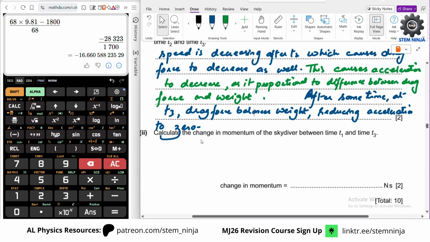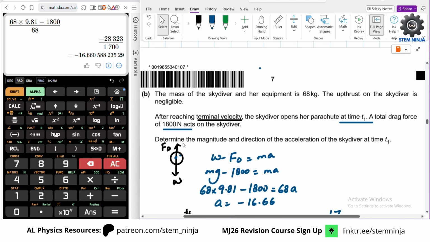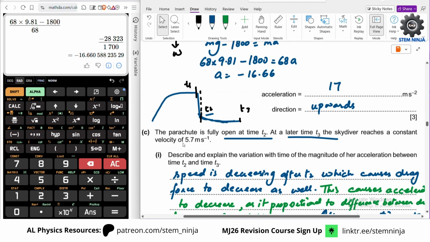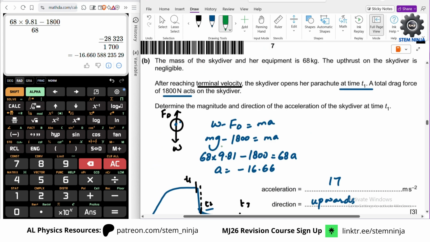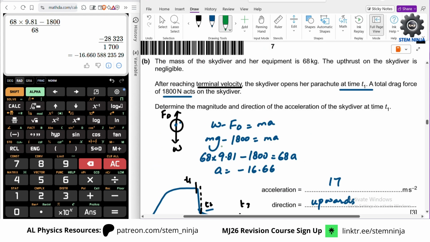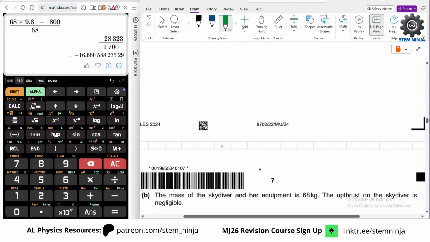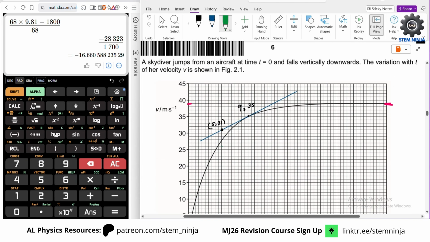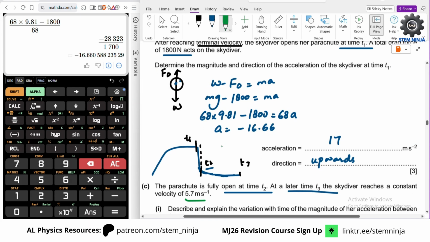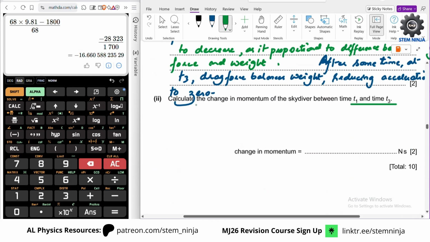And that's it, right? Calculate the change in momentum of the skydiver between time t1 and t3. Change in momentum. Right, so at time t3 velocity is 5.7, but at time t1, what is the velocity? Okay, so after reaching terminal velocity, that was 35. Right, okay. So change in momentum would be mass.